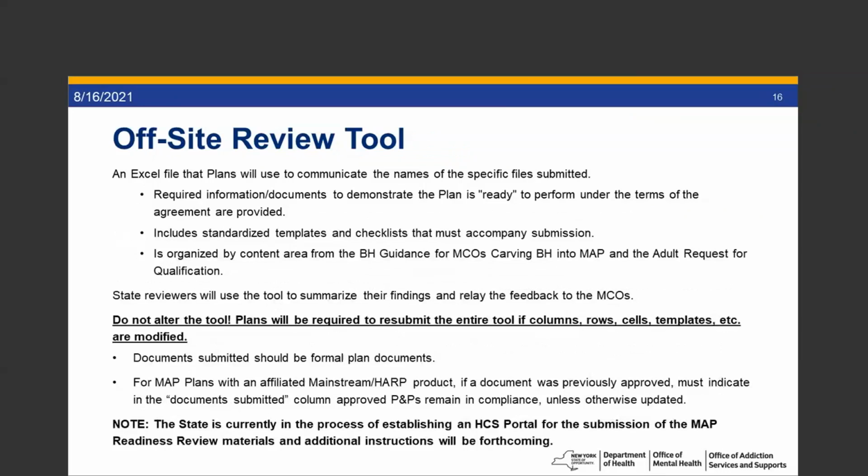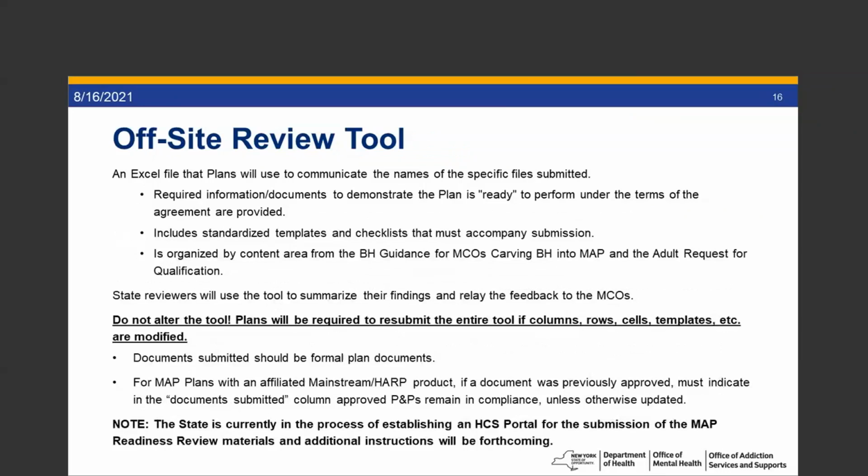And then if you want to go to the next slide, this really just talks more about the technical components of the desk review tool, which is that all the MAP plans should have received the Excel file, which outlines the BH MAP requirements and what the state wants to see from the plans as evidence.